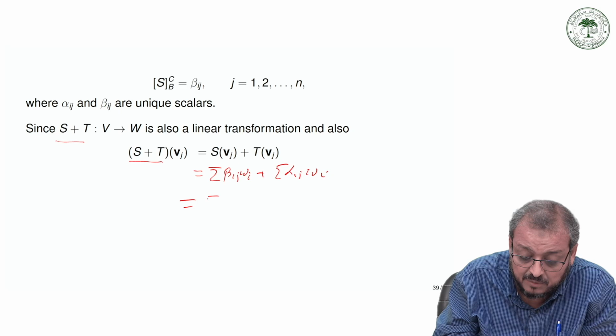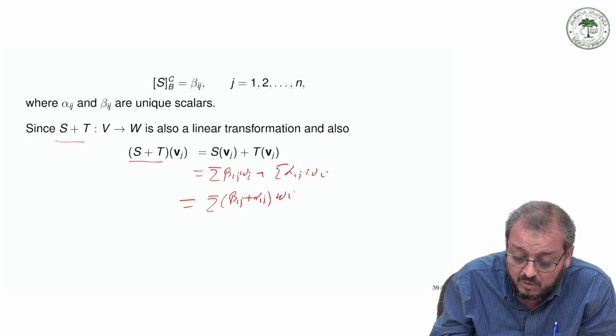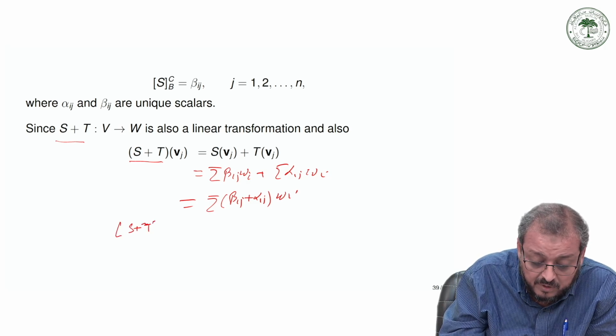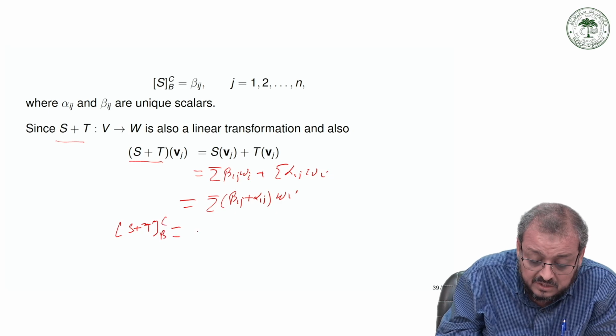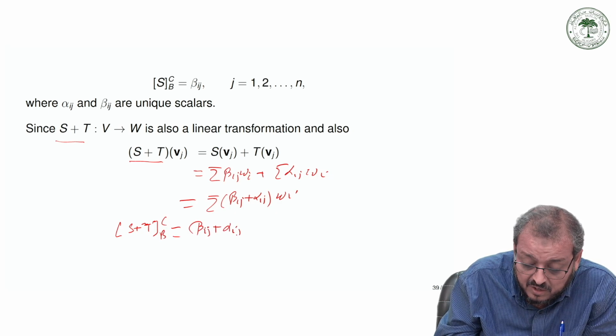This means you can say the sum of beta ij plus alpha ij times wi, because the sums run over the same values. So S plus T with respect to the bases B and C is equal to beta ij plus alpha ij.